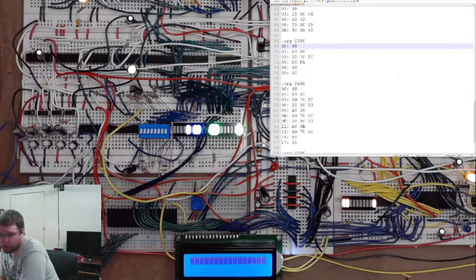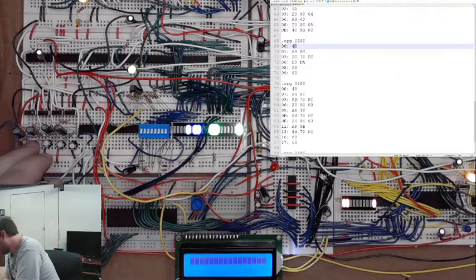We should not jump, and we should go to 8. So this is D0. That is a 6-0. Or a 6-6-8. Did we already check the jump instruction?